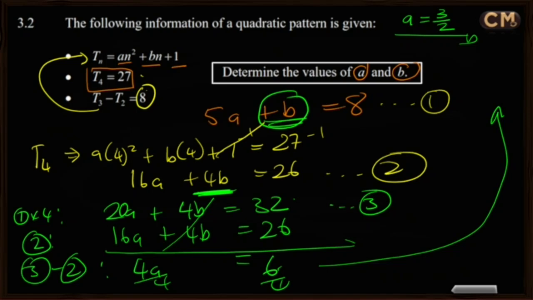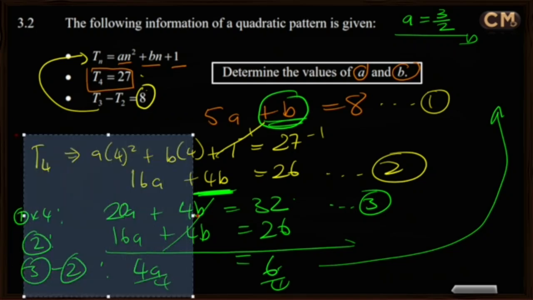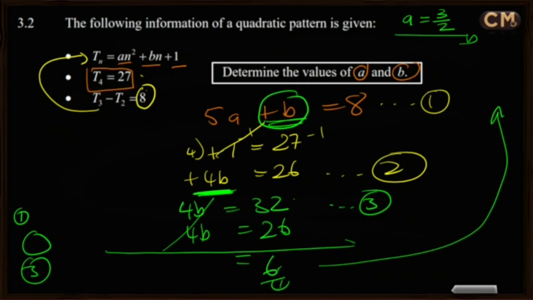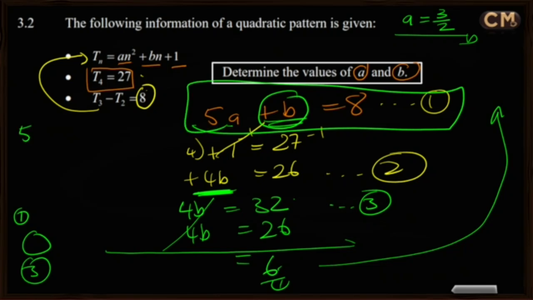How are we going to get the value of b? Well, first things, let's just get a bit of space. Yeah, that's going to be enough. We will say, using 1, 5 times 3 over 2 plus b is equal to 8, and then b will equal 8 minus, well, what is that? 15 over 2.